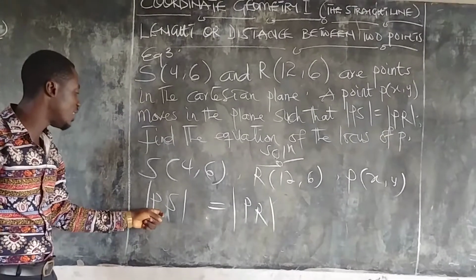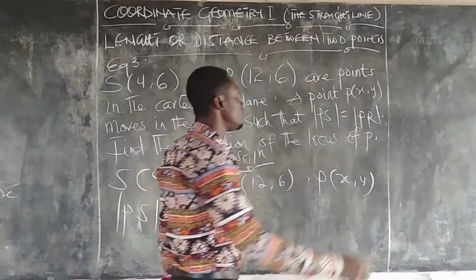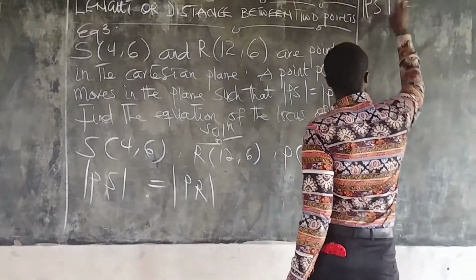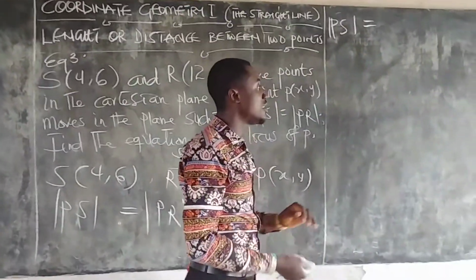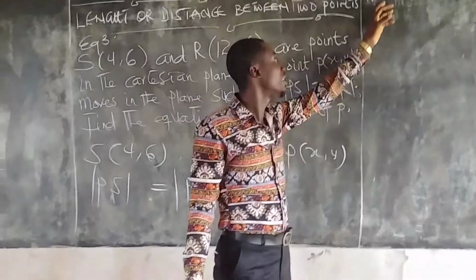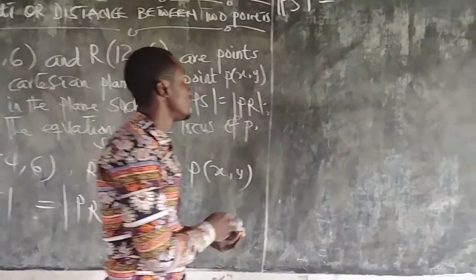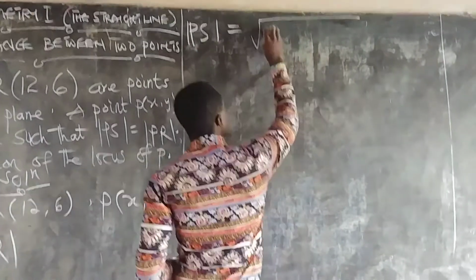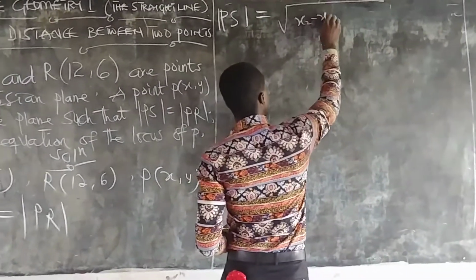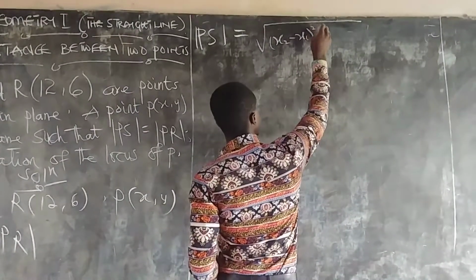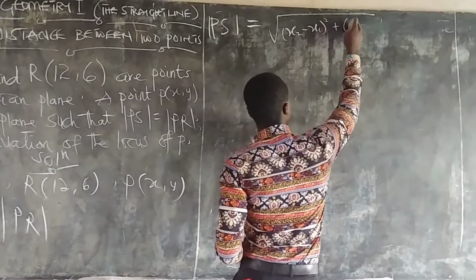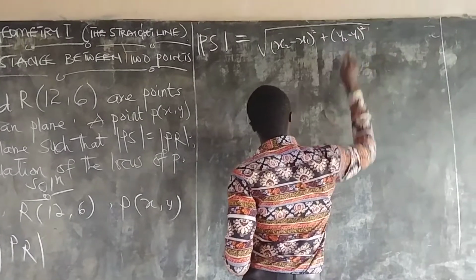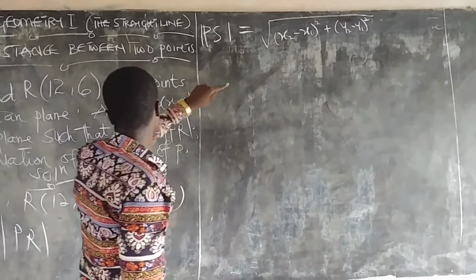So let's find the length of PX. In finding the length of PX, we need the points P and X. So this will be equal to the square root of (x2 minus x1) squared plus delta y, that is (y2 minus y1) squared. Good. So we are considering P and X.